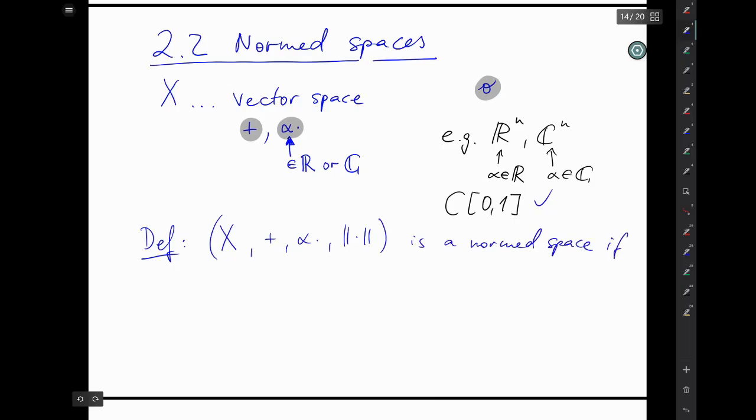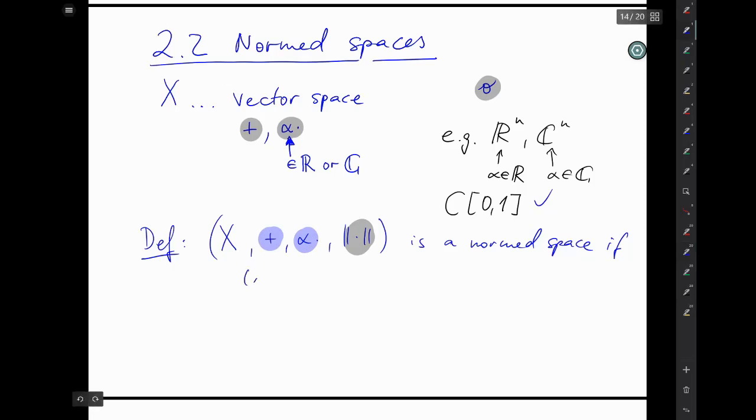if, okay, and now you need some properties that essentially make sure that the new kid in town, which is the norm, plays nicely with the other kids that have been here before. One of them is plus, the other one is alpha times. Let's see how that can be written down.